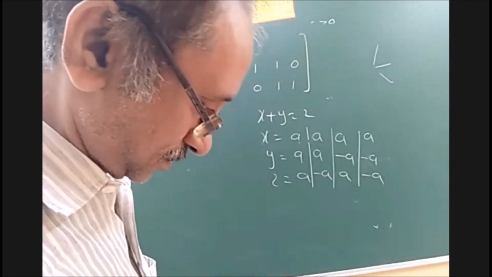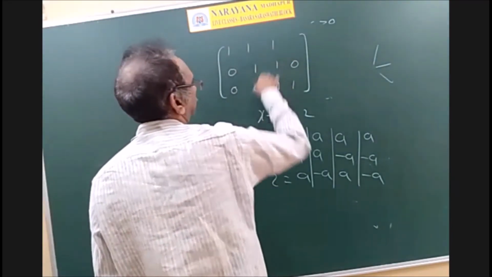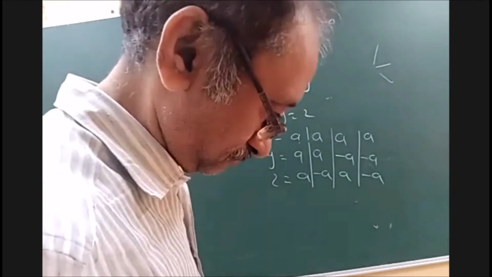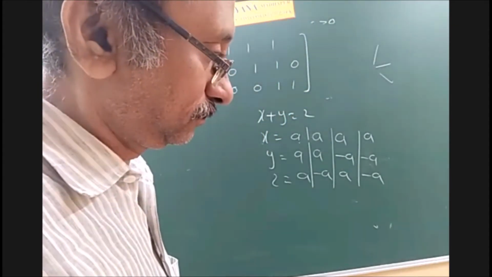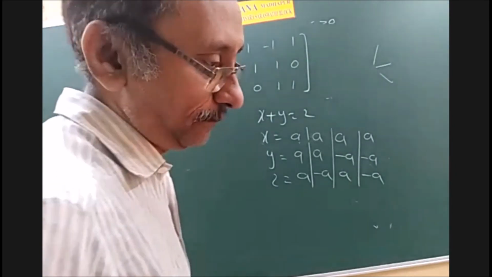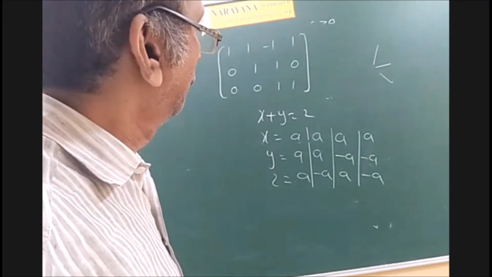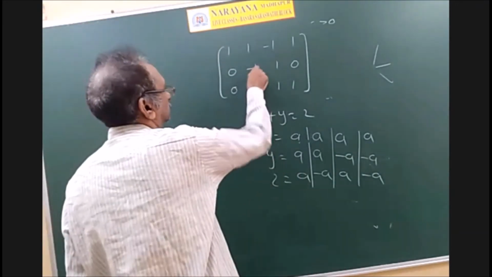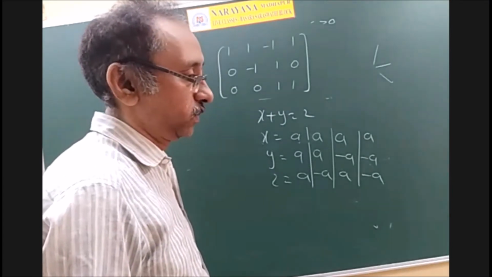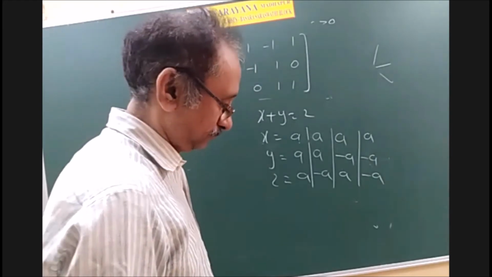Yes, sir. 1, 1, minus 1, 1. That is the first row. What is the second row? 0, minus 1, 1, 0. And this is the third row. Okay, Vishnu? Yes, sir.